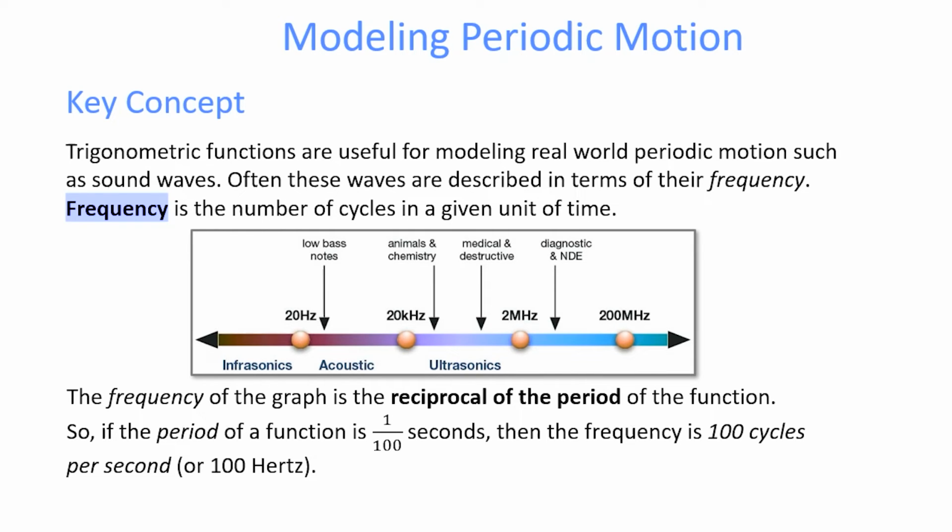The example given here is talking about sound waves for low frequency, normal range of hearing, and then the ultrasonic range goes from hertz to kilohertz up to megahertz, or millions of cycles per second.